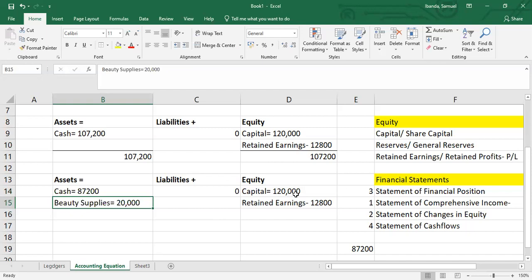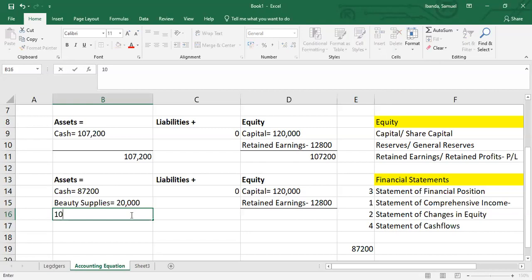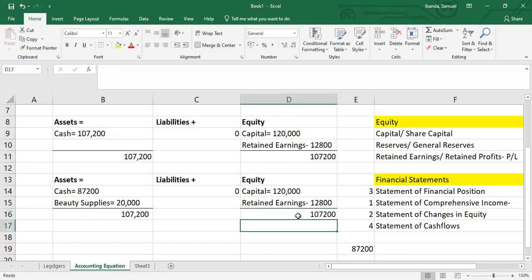So when you remove 20,000 here, it comes to that. When you add up this side and this side, this gives you 107,200. That's what you have. Then right here is the same thing, 107,200.